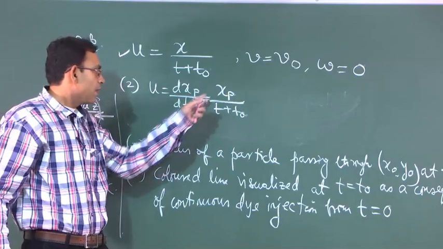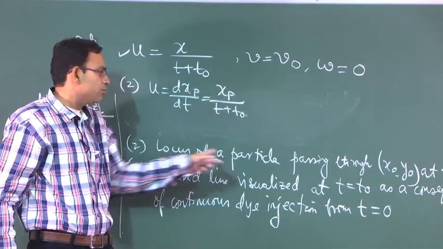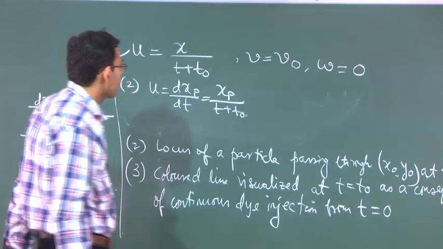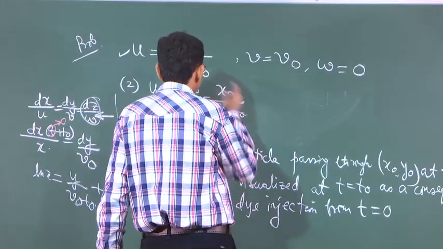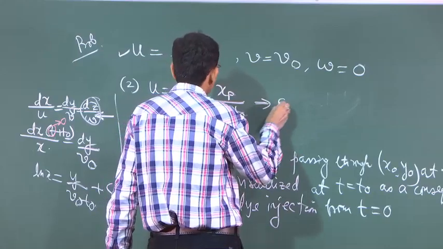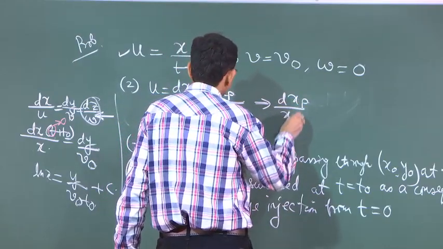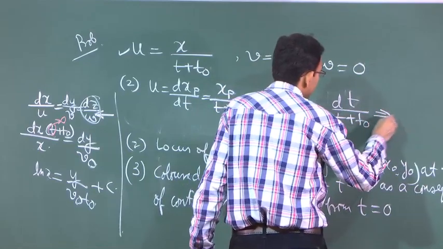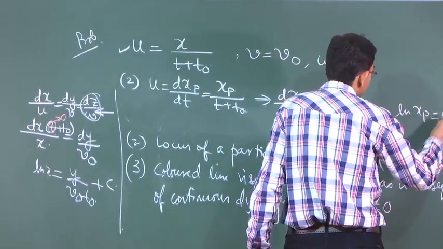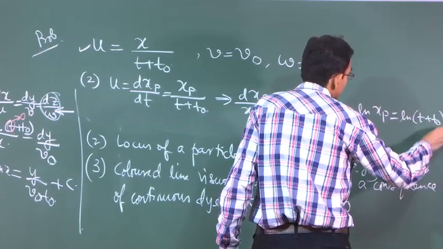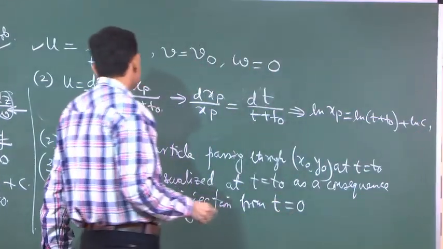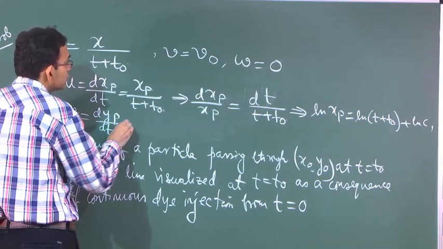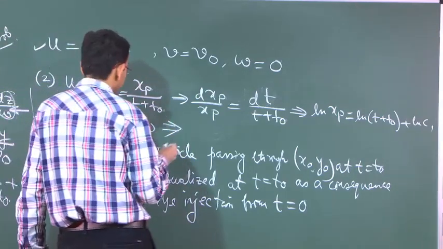P for particle, we could have written x without P, but because we are interested to find out the locus of a particle which has passed through x0 y0 at t equal to t0, we can simply find this locus by dx by x. So, this will give you ln x and v.